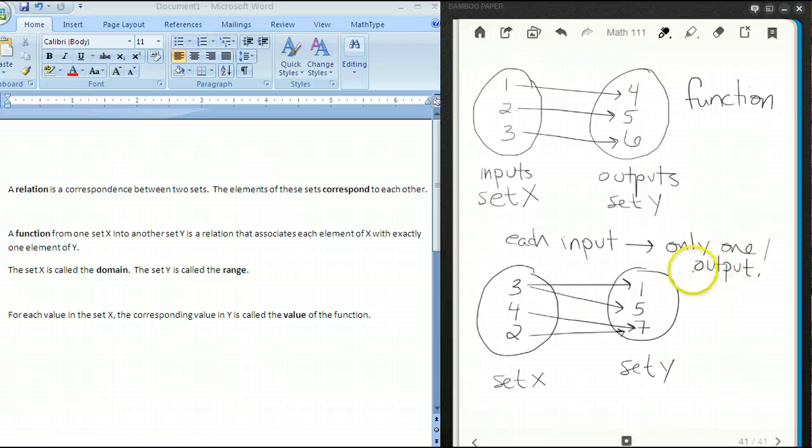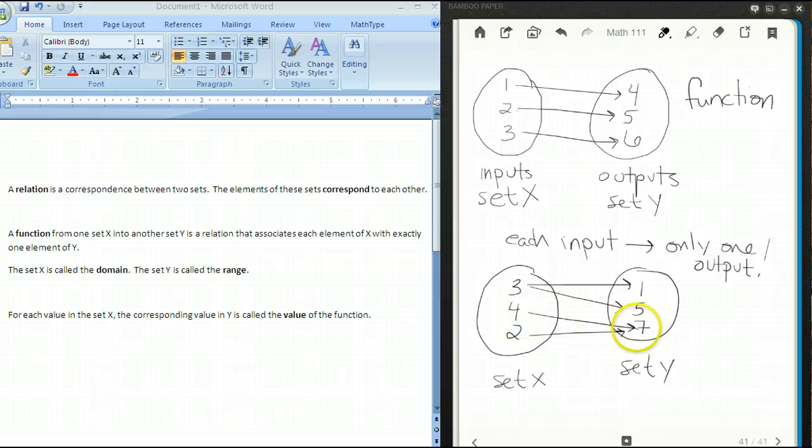That's the important thing we're looking for in order for us to have a function. So let's see. Does 3 go to only one output? 3 goes to 1 and 5. That 'and 5' part is trouble.